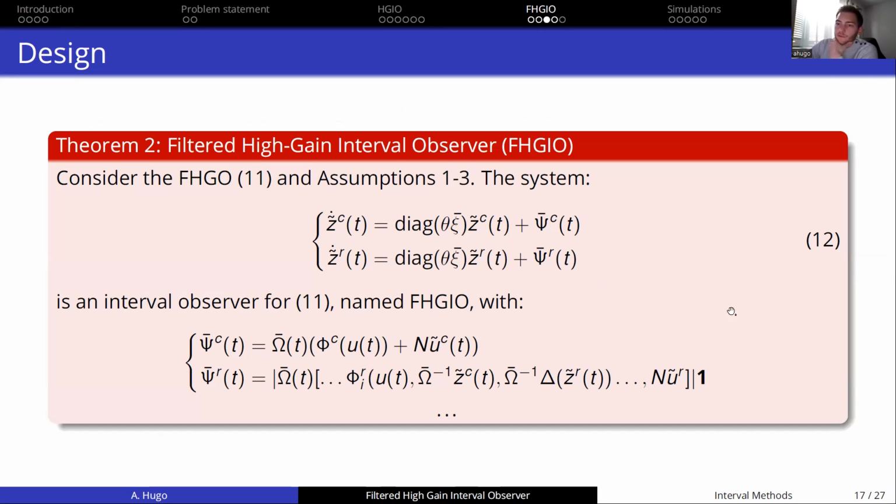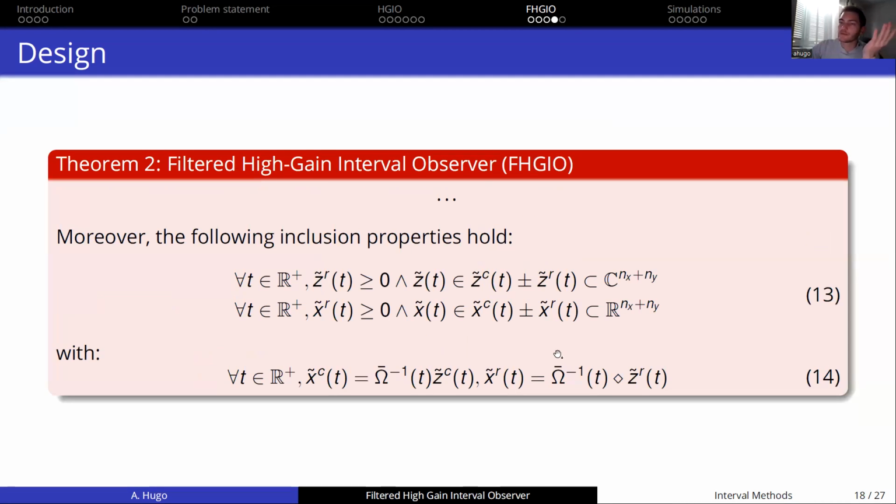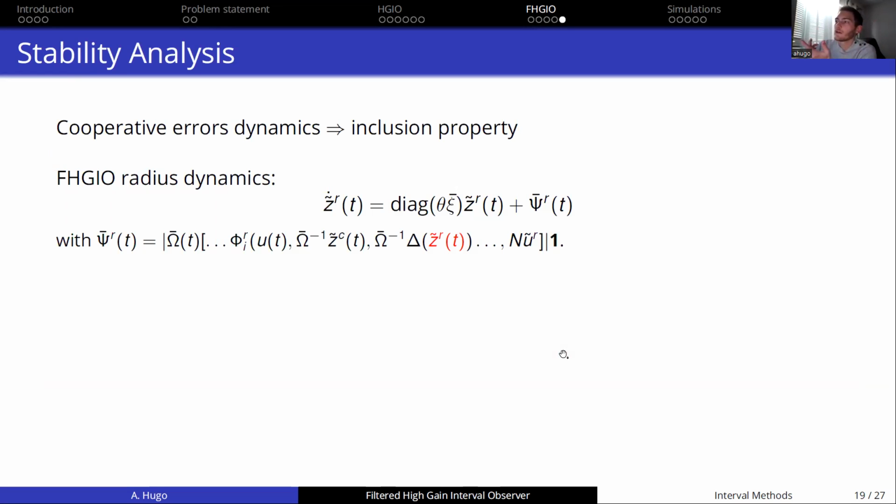So equation 12 is an interval observer for the filter eigen observer. And again, it has 2 dynamics, one for the center, one for the radius. So I will just move on quickly and say that the inclusion properties still hold. I didn't write again the error dynamics because it is really based on the same principle.